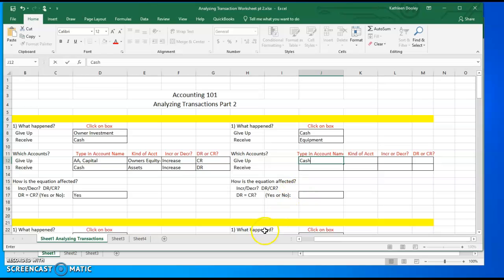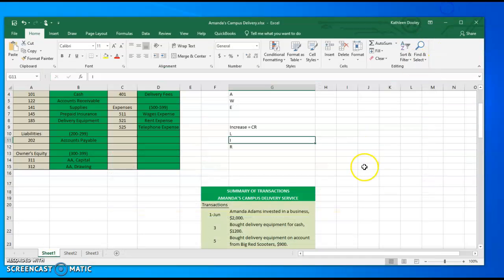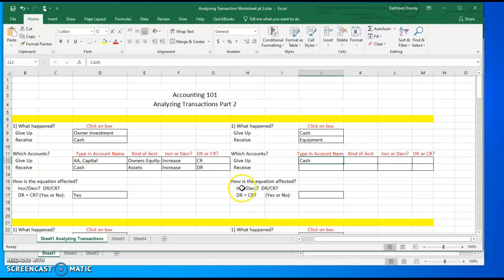For the equipment, I need to look that up on my chart of accounts. We have an account called delivery equipment, so that's what we need to put in here. You have to use what's on the chart of accounts. You cannot make one up, except for those little assignments where there are only a few transactions and they didn't give you a chart of accounts, so you could make one up. What kind of account? Cash is an asset. We own the checking account. And delivery equipment is an asset. We own the delivery equipment.